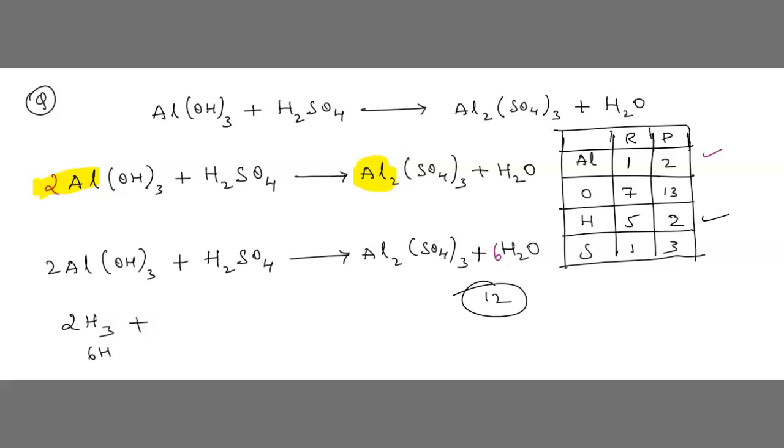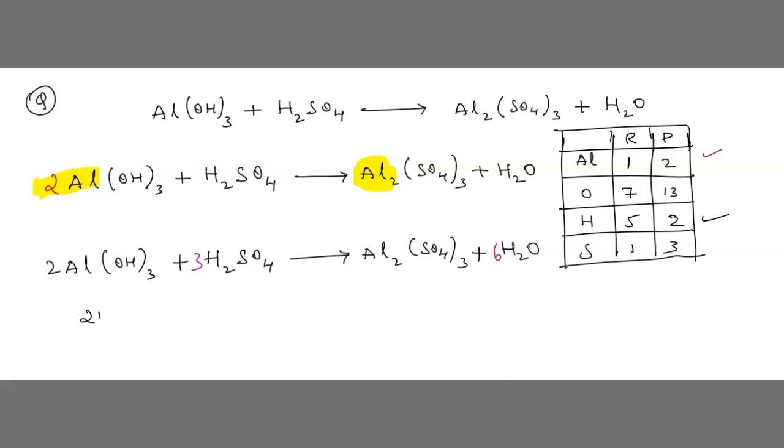So again what will I do? Shall we put 3 here? So what happens? 3 2s are 6 H. 6 H plus 6 H, 12 H. No S, it is balanced. Correct, children?